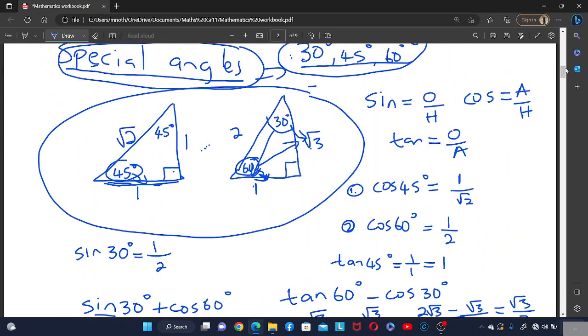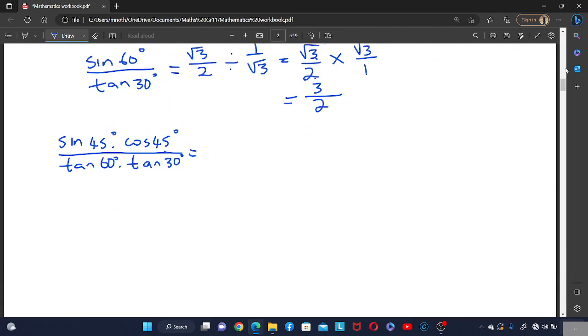So we know that sine is opposite over hypotenuse. So sine 45, let's say we are using this side. The opposite side is 1, and the hypotenuse side is root 2. So we're going to have 1 over root 2 times cos 45.